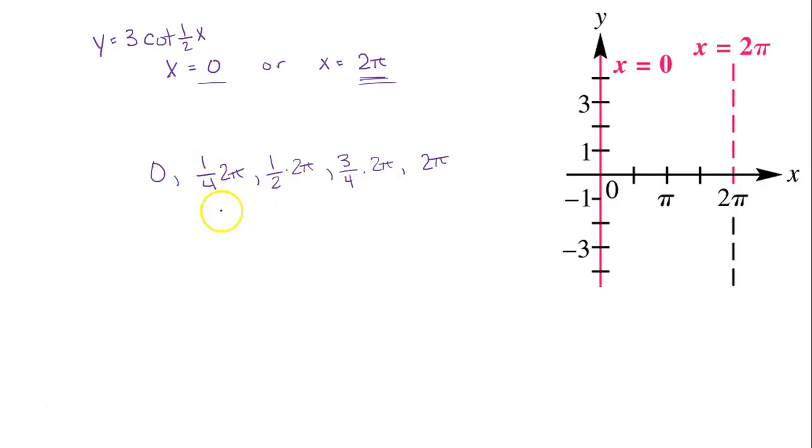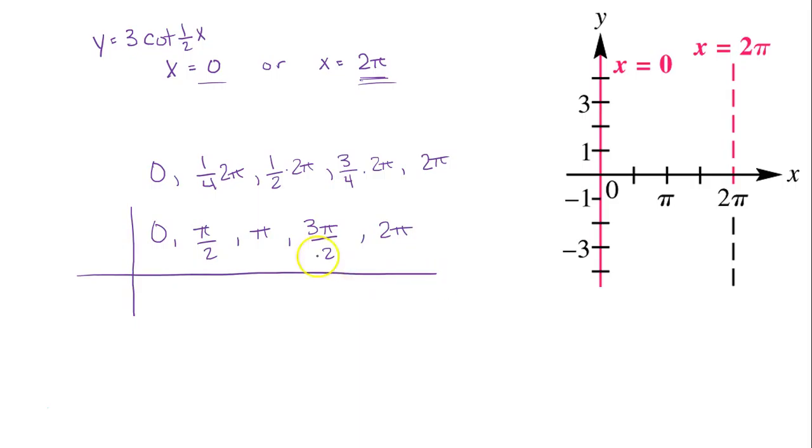Okay, now do the math for this, and you get pi over 2, pi, 3 pi over 2, and 2 pi. Now these are your x values that you need to plug in to your function up here and find your y values for. First one is going to be undefined. That's your vertical asymptote.